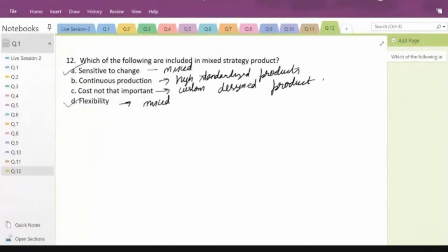See, design change, sensitivity to change. In sensitivity to change, this means the design is susceptible to change very fast. So in this category, as I gave you, there are fast changing design conditions of moderate volume, moderate variety kind of products.